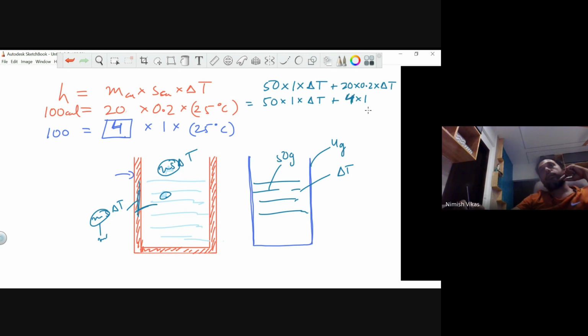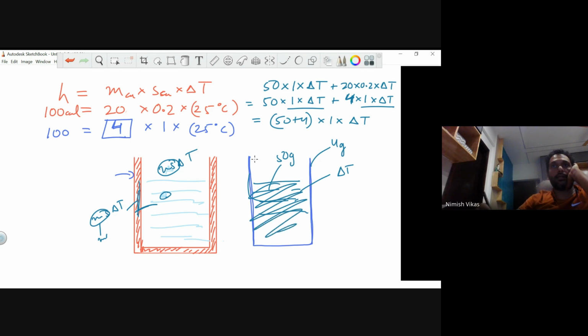So 1 into delta T is common, and it is as if it was 50 plus 4 grams of water changing temperature from T1 to T2. It is as if considering the vessel and the water together as a single thing. Hence it is called water equivalent.